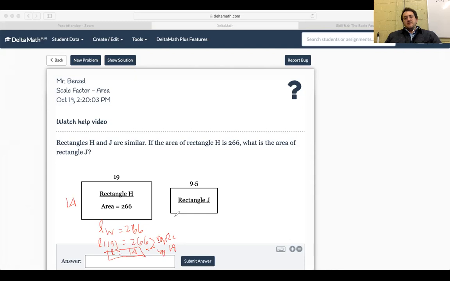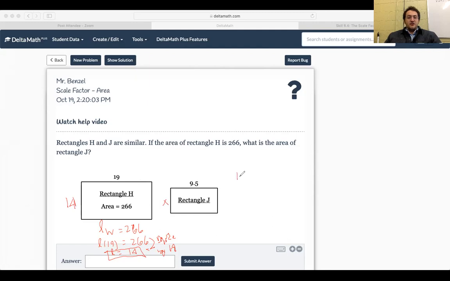And then on this one, I'm thinking about, it says that they're similar. So I'm going to want to find what this side length is.